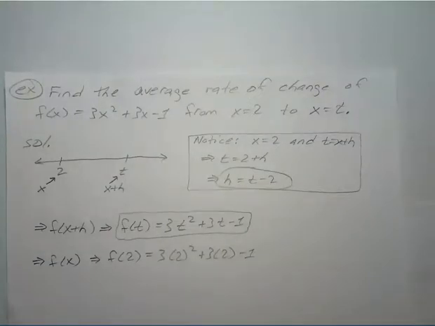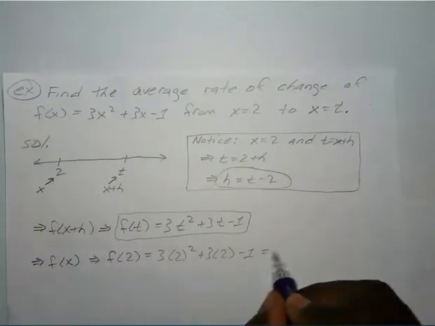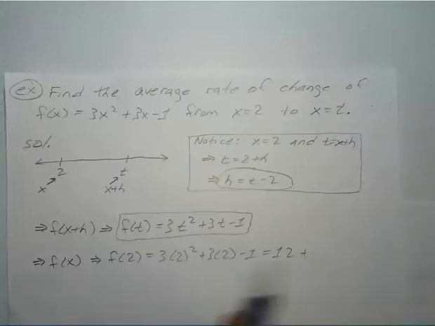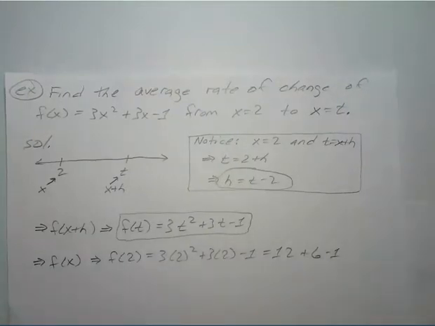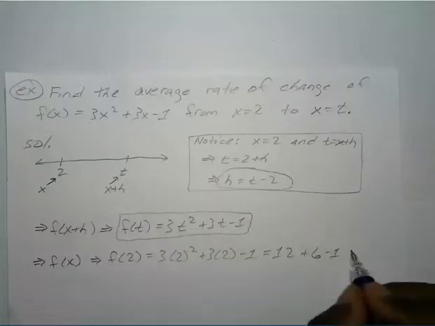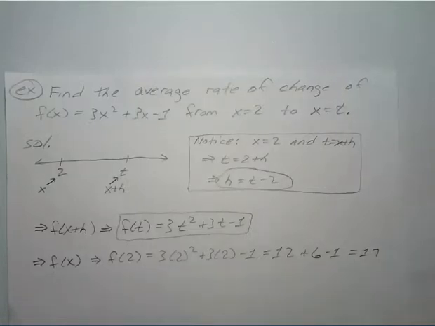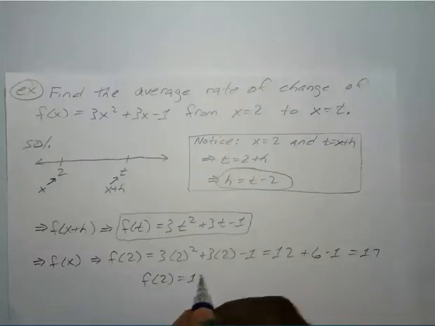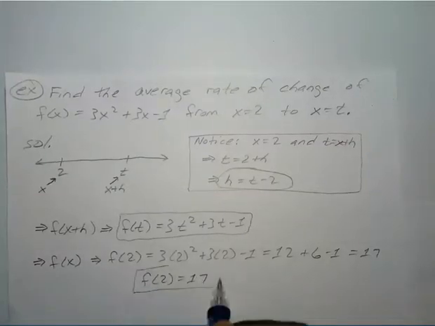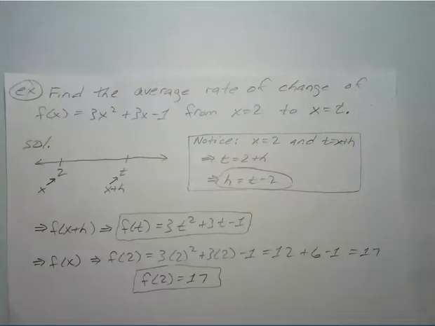Alright, so we go ahead and calculate that. 3 times 4 is 12. So we have 12 plus 6 minus 1, which is 17. Okay, so we know that f of 2 is equal to 17. And go ahead and mark that one since we're going to need it.